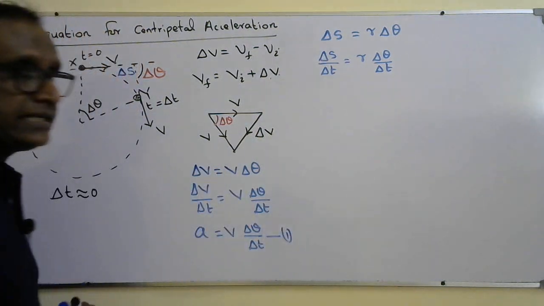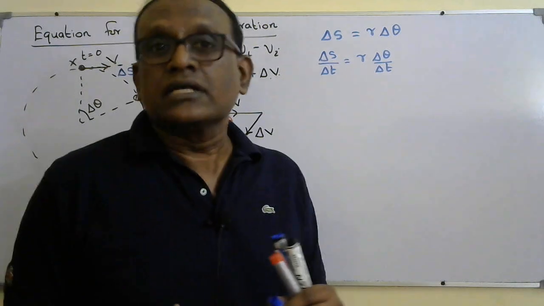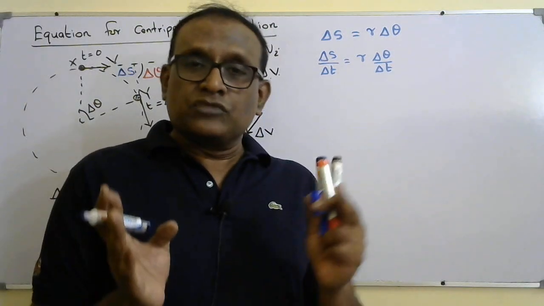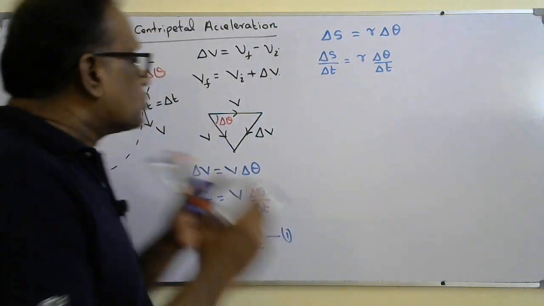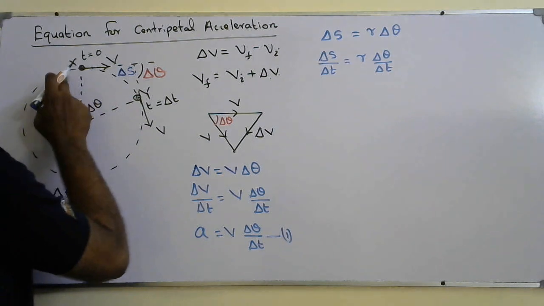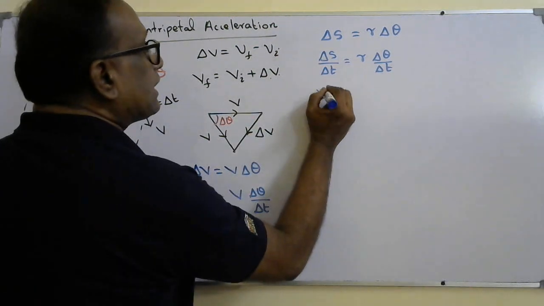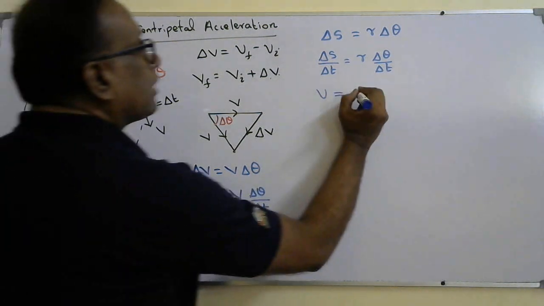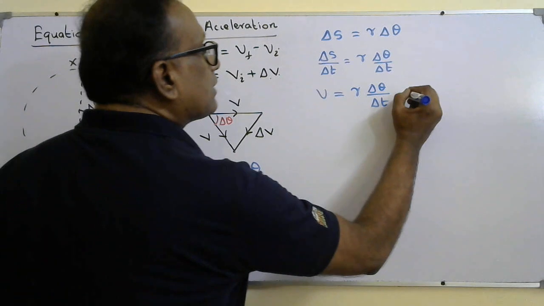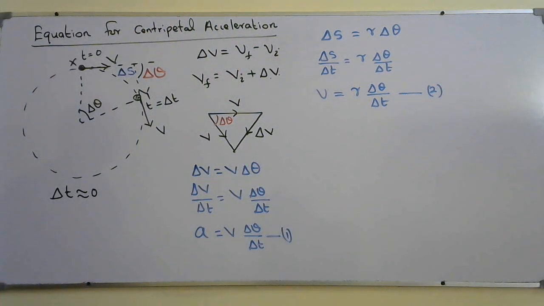Delta s over delta t is speed. Here I won't say it's an average speed because delta theta is a very small angle. x and y are much closer points. So delta s over delta t is the instantaneous speed at point x, which is v equals r delta theta over delta t. This is equation 2.